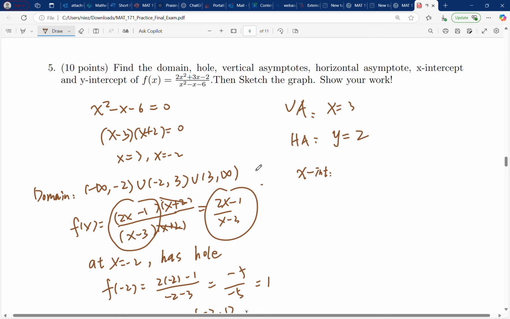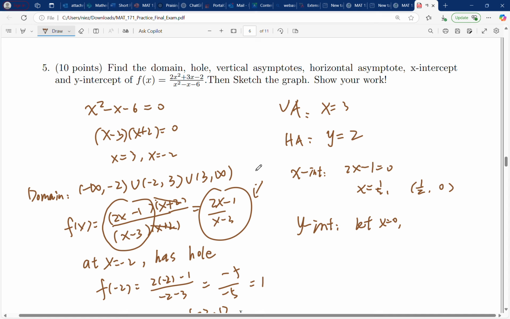Let the simplified one equal to 0. So you get 2x minus 1 equal to 0. You get x equal to 1/2. So the x-intercept is (1/2, 0). And the y-intercept, you let x equal to 0. Then you plug x into the simplified form. You will have 1/3, so (0, 1/3).